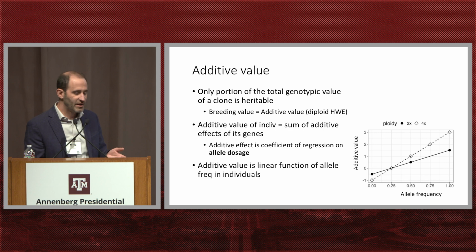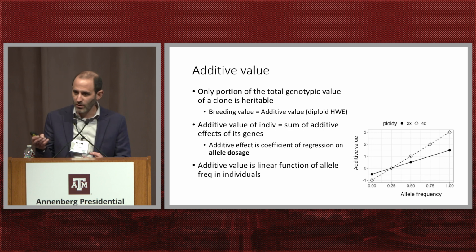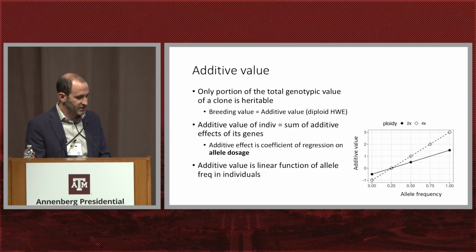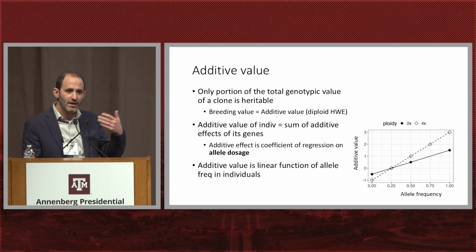And tetraploids can also have frequencies of 1/4 and 3/4 because they have these 4 possibilities. And so you can make these kinds of figures which plot the additive value versus frequency, and the point is that no matter what ploidy you're talking about, it's always a linear relationship. That's one of the common things. And the slope of that line has something to do with the strength of the effect on the phenotype.